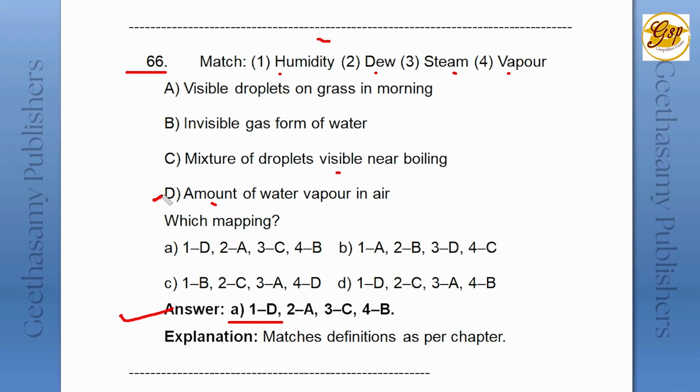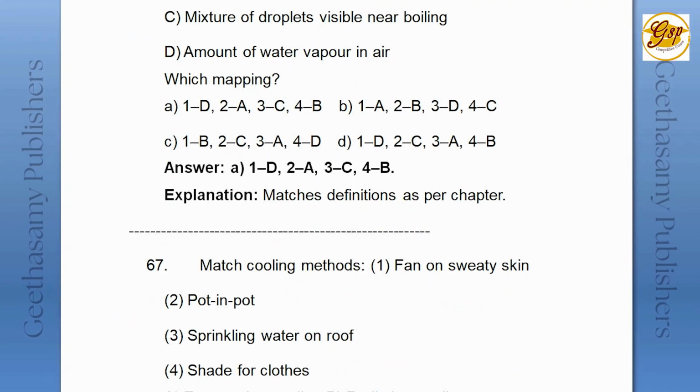Dew is visible droplets on grass. Steam is a mixture of droplets, visible near boiling. Vapor is the invisible gas form of water. So 1A, 2D, 3C, 4B.